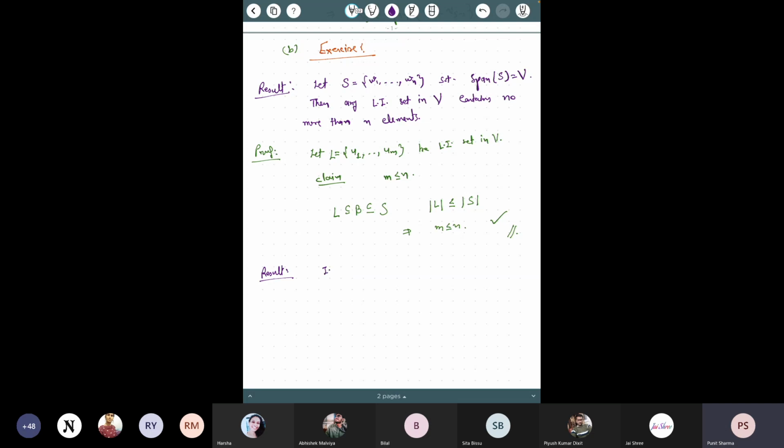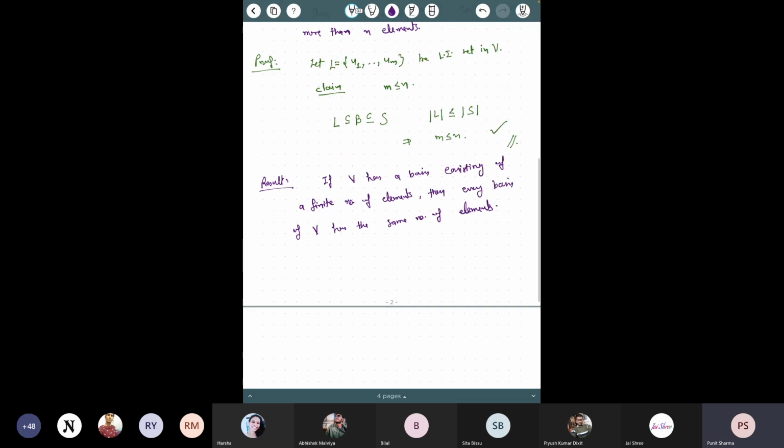So let's say if V has a basis consisting of a finite number of elements, then every basis of V has the same number of elements.